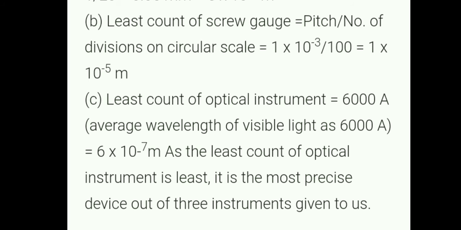So 6000 Angstrom equals 6 into 10 to the power minus 7 meter, and it is the least count of an optical instrument. Now compare all three least counts. We can easily say that the optical instrument has the minimum least count in comparison to the remaining two instruments. It means the optical instrument is the most precise device out of the three instruments given to us.